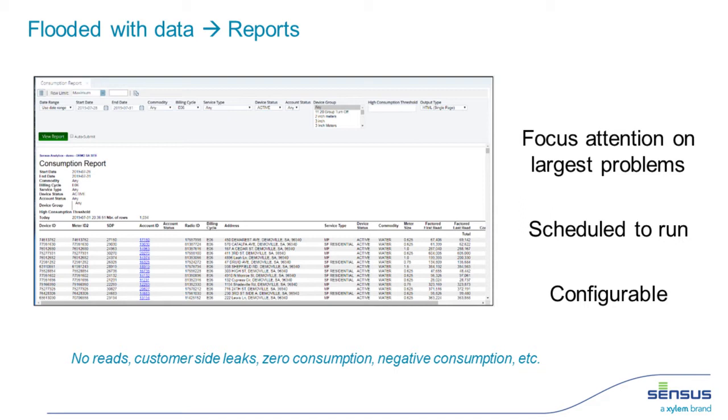And if it violates that, say a meter registers over a gallon of consumption for 24 hours in a row, it could trigger a customer side leak alarm. And so this is a really useful tool for utilities because of, one, customer service.